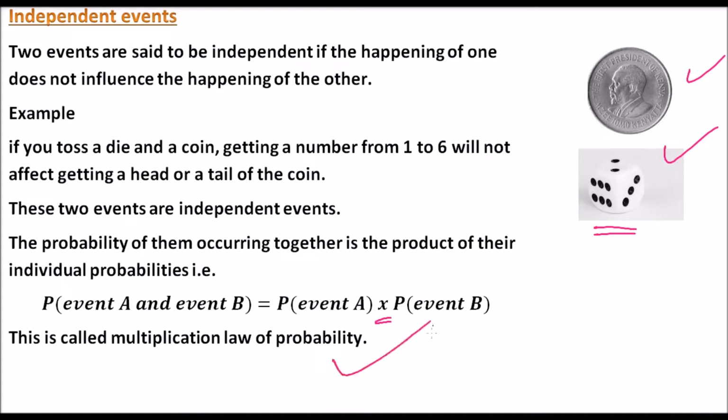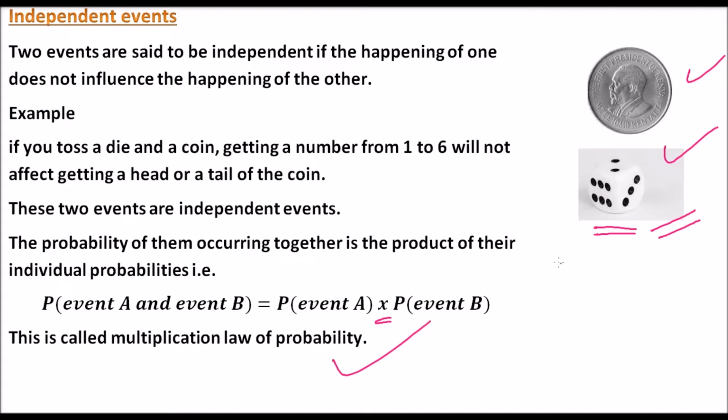This is called the multiplication rule of probability. So I hope that one is very clear. When you toss a coin and a die, the outcome of the coin does not affect the outcome of the die. And when we are getting the probability of getting a head and getting a 3, we multiply the two probabilities.